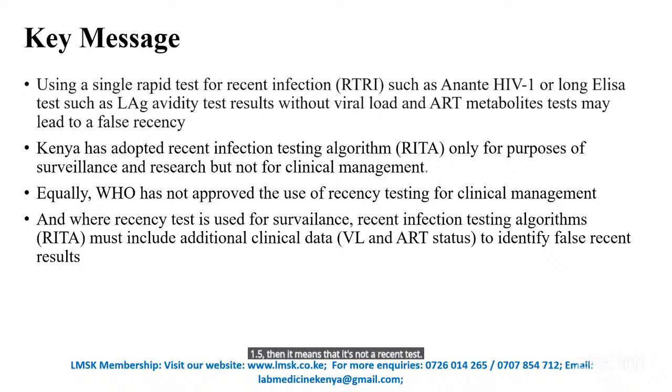But if it is less than 1.5, then it means that it is a recent infection. But the viral load will now capture the actual virus in circulation. So that is why the viral load and the ART, antiretroviral therapy, metabolites make the recent infection test complete.